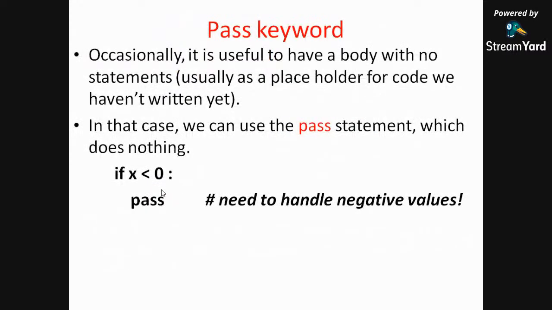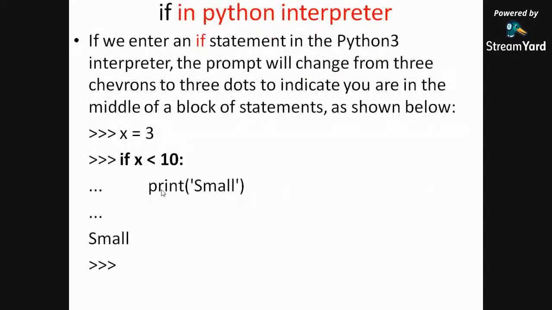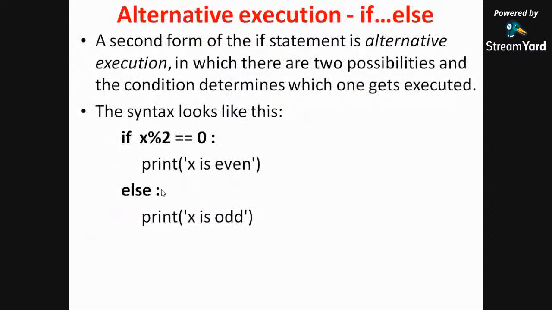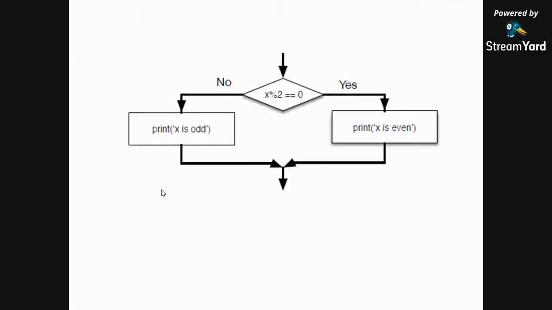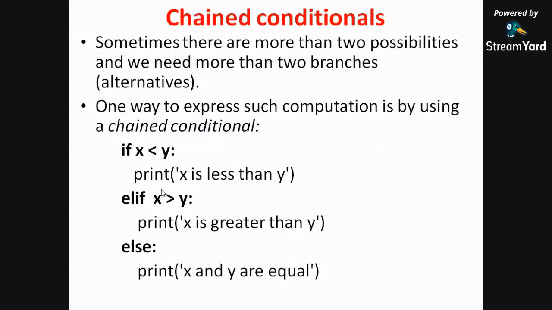Then we also discussed the importance of the pass keyword. If we want to keep an empty block, then you can use pass. Then we saw the alternative execution, if else execution, how it can be done. Yesterday we also saw chained conditions.